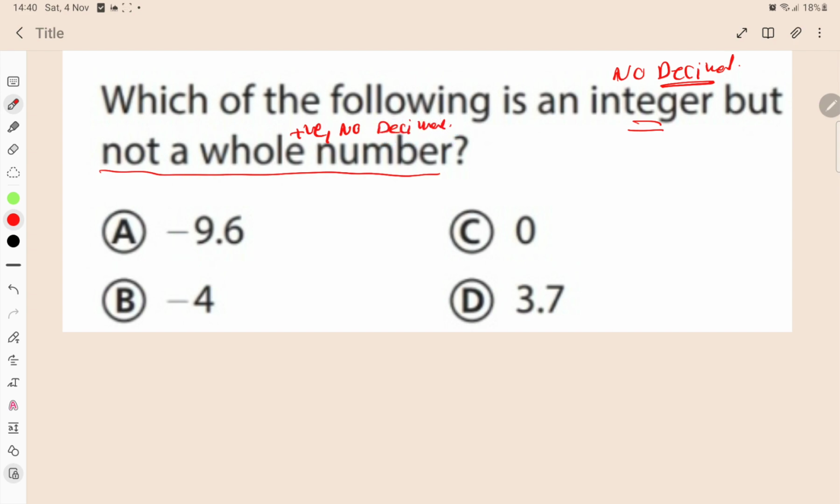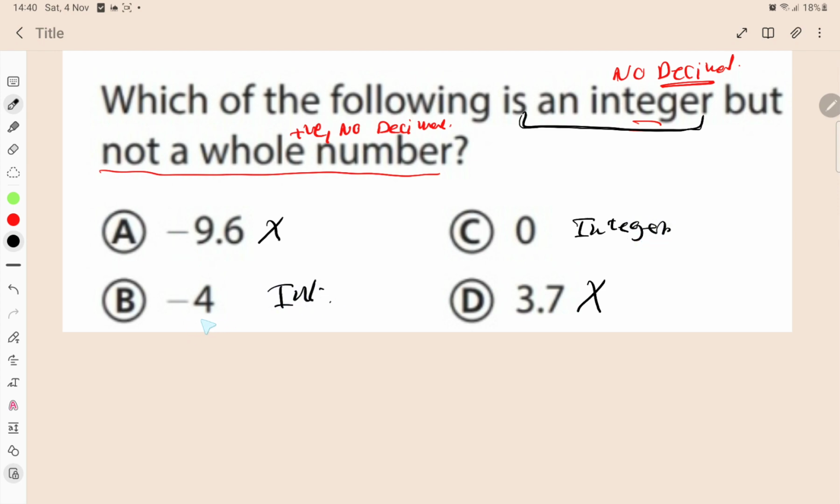Okay, let's see together. Negative 9.6: is it an integer? No. We want first to look for the integers. So this one is not an integer because it has a decimal. This one is also not an integer because it has a decimal. 0 and negative 4: yes, this is an integer, and this one is also an integer.